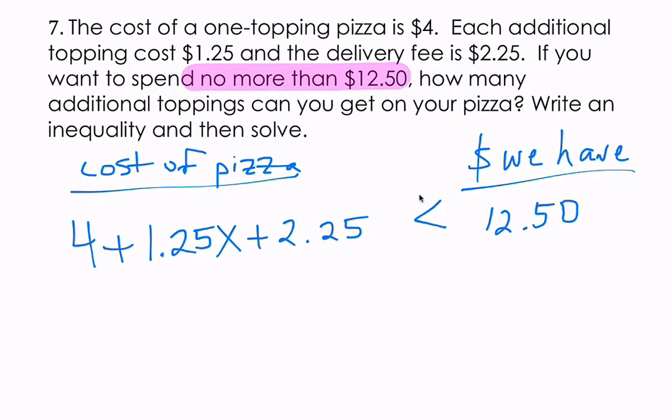So the cost has to be less than what we have. Okay, let's talk about, could it equal exactly $12.50? Yeah, because I don't want to spend any more than $12.50. $12.50 is not more than $12.50, so I can spend $12.50 or less, right? So the cost of the pizza can either equal $12.50 or it needs to be less than $12.50.